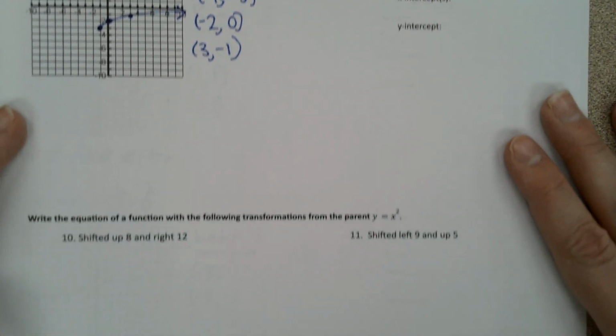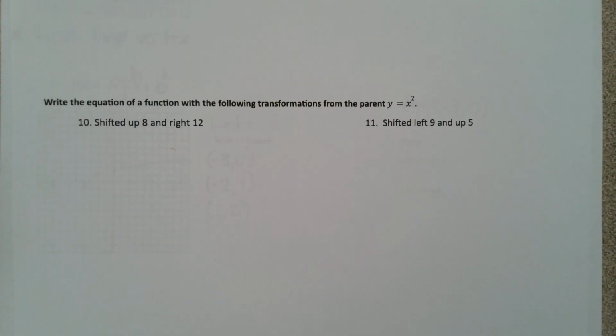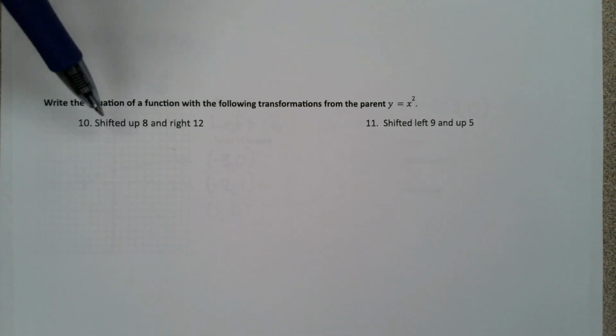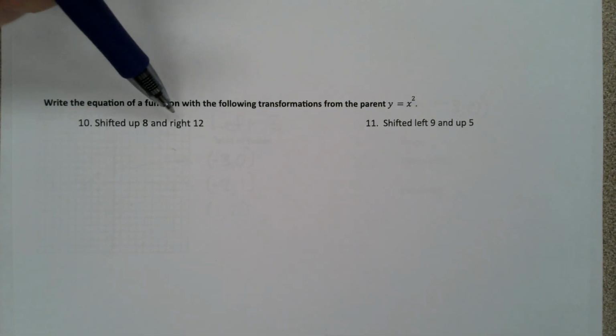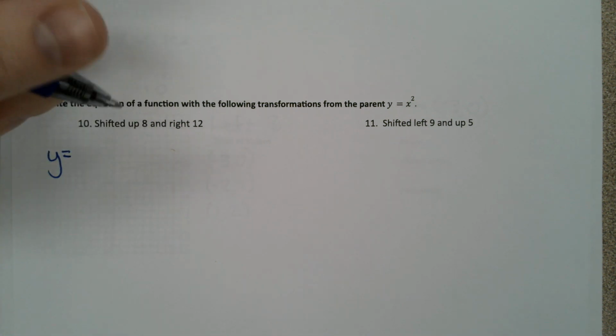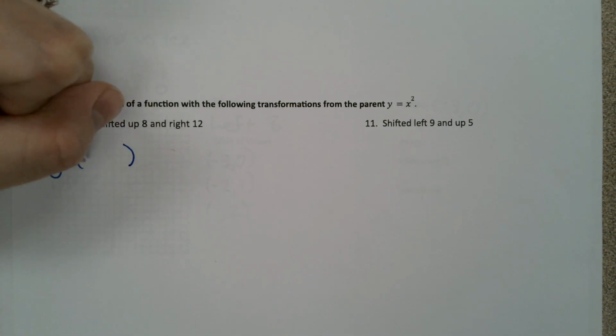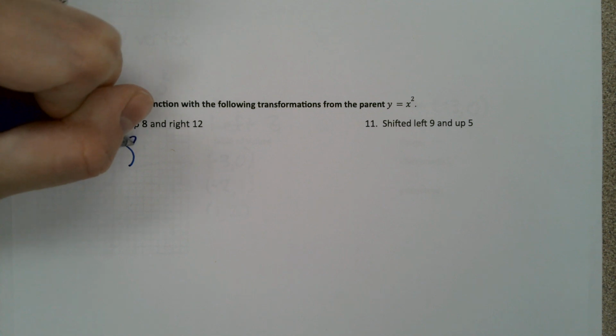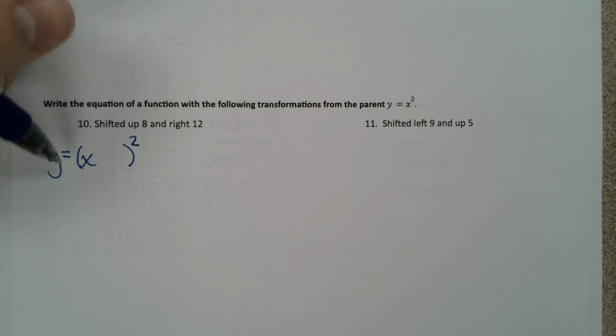All right, 2 more just with the equations. Write the equation of a function with the following transformations from the parent graph, y equals x squared. For number 10, we're going to shift it up 8 and right 12. So this is the format you're going to start with. We have x with the parentheses, the whole thing is squared, not just the x, the whole thing.